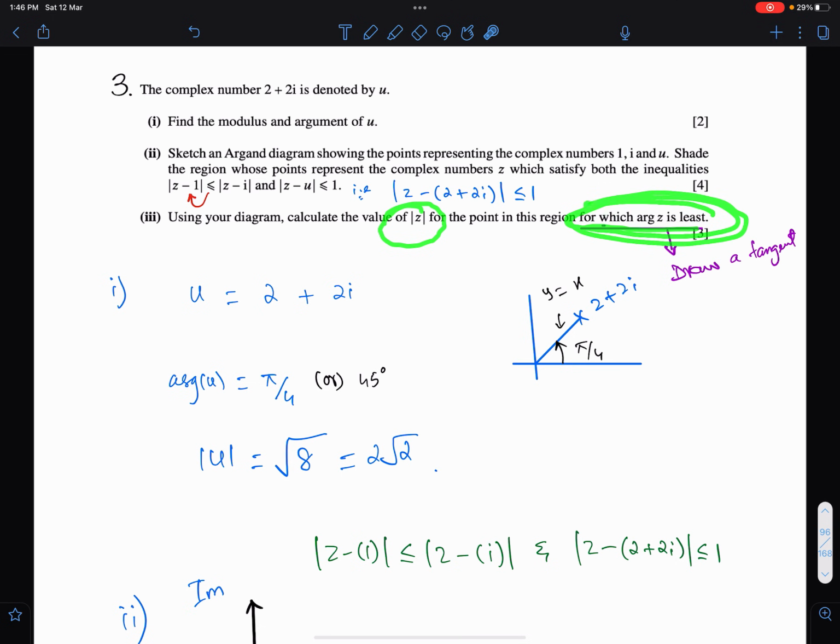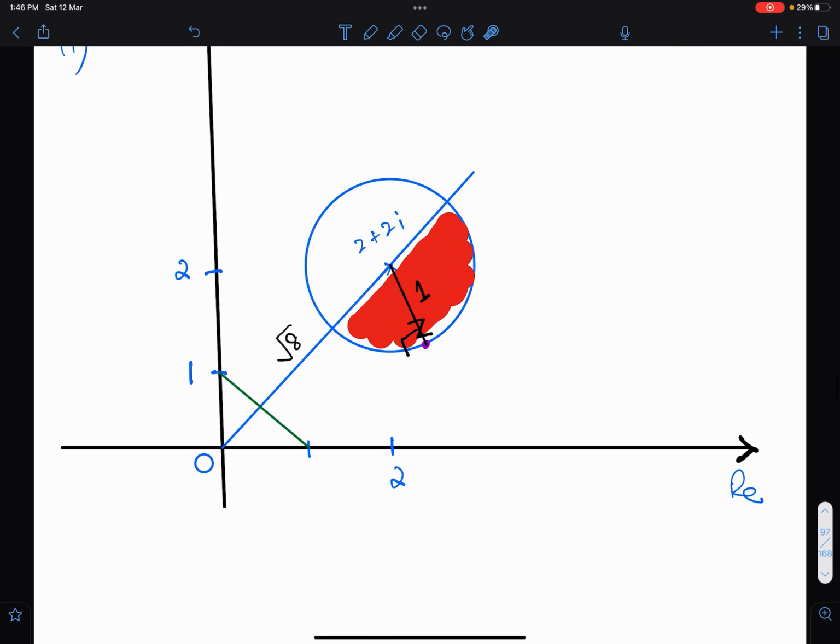So to find the position of z where argument z is least, we have to draw a tangent from the origin to the circle. If we draw a tangent from the origin to this circle here, and if z is here, then this is the smallest argument, and we need this distance.